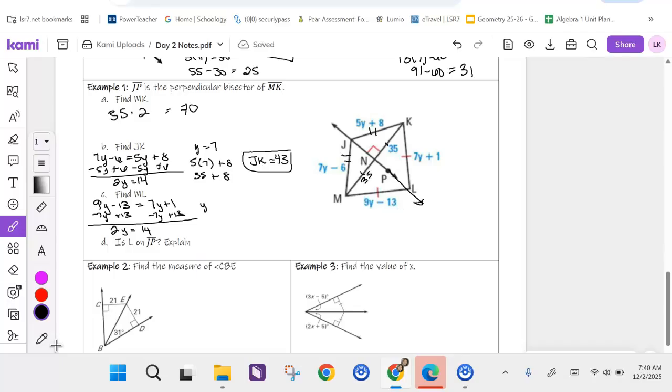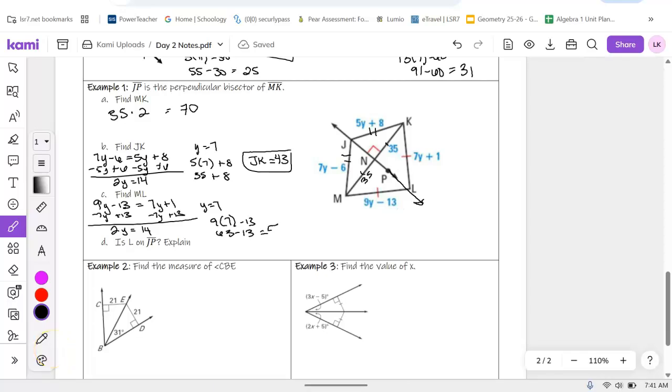So again, y equals 7. So I'm going to plug that in. 9 times 7 minus 13. 63 minus 13 equals 50.